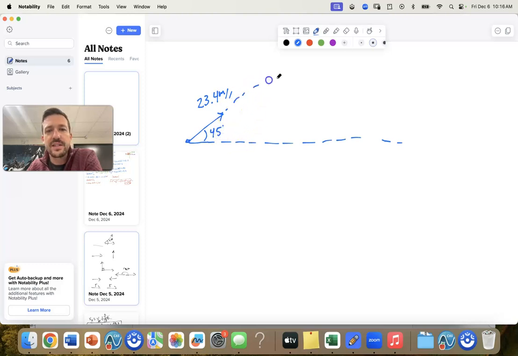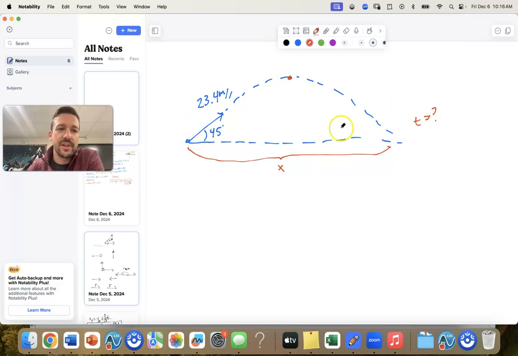Okay, now this thing is going to fly up, come back down. One of the things it wants you to do is figure out how high it goes, figure out how far it goes, and how much time it's in the air, and then we'll figure out the velocities at different times, okay?